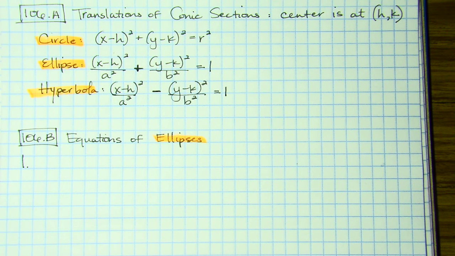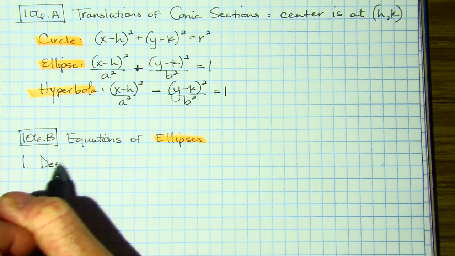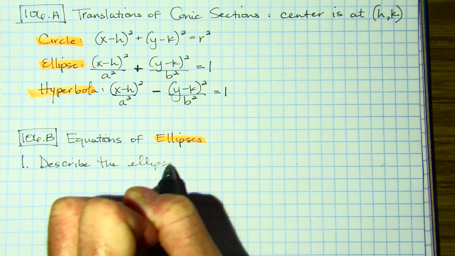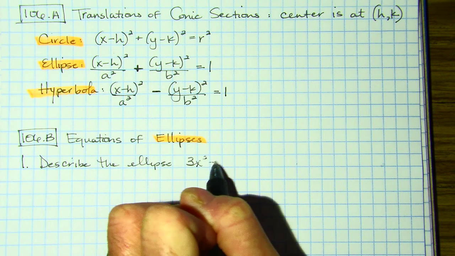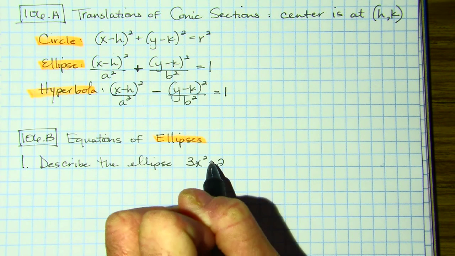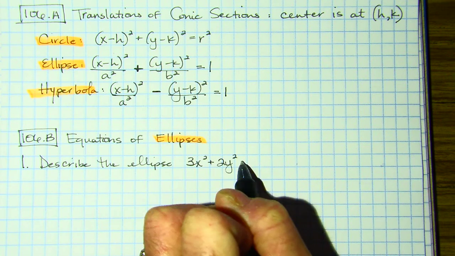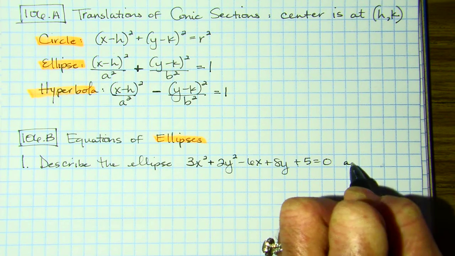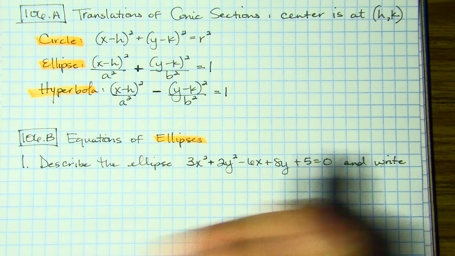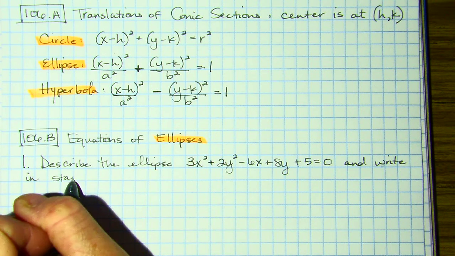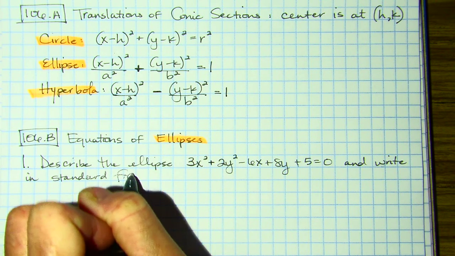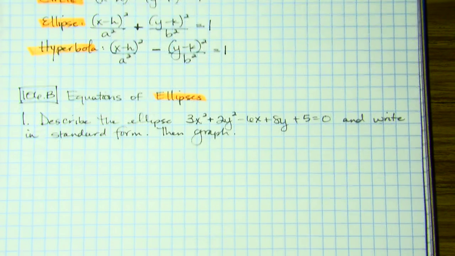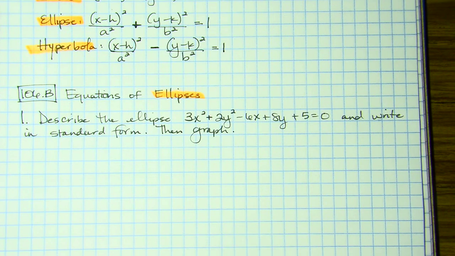All right, so it'll say something like this: describe the ellipse 3x squared plus 2y squared minus 6x plus 8y plus 5 equals 0, and write in standard form, and then graph. So these problems are going to contain a lot of work because we're going to go over a lot of different stuff.